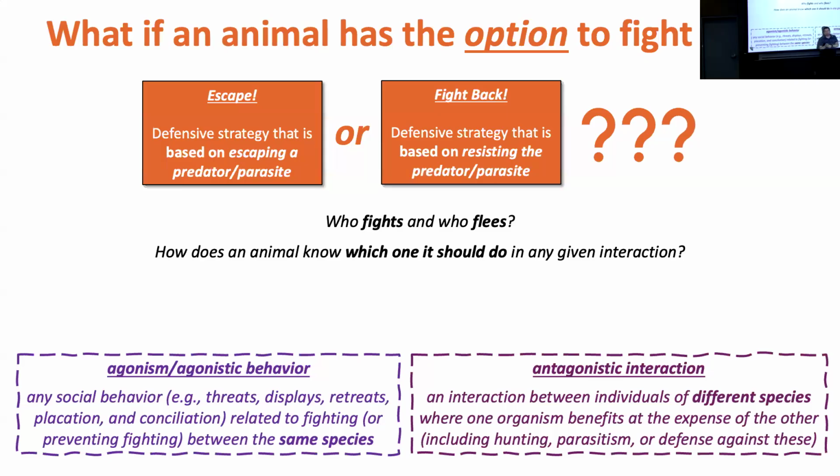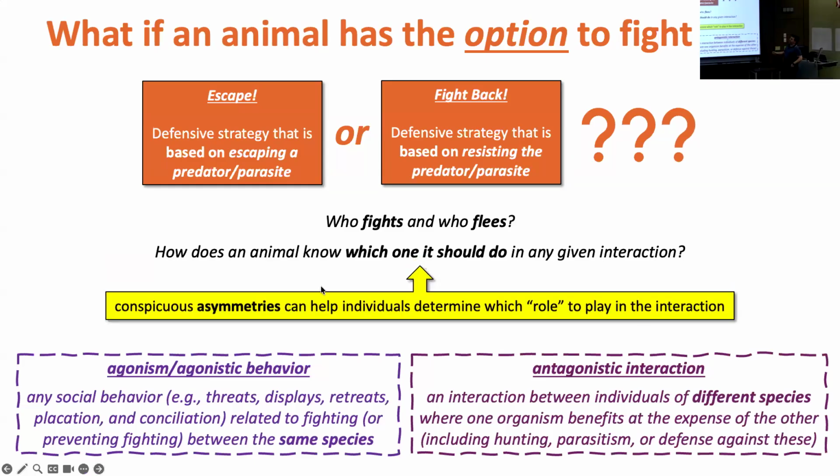Cannibalism is very rare. So when you see violence within species that actually escalates all the way, that's pretty rare. And when you see things that ramp up to that, it indicates there might be some interesting social interaction going on. So that's why we have two different terms for this, agonism and antagonism.